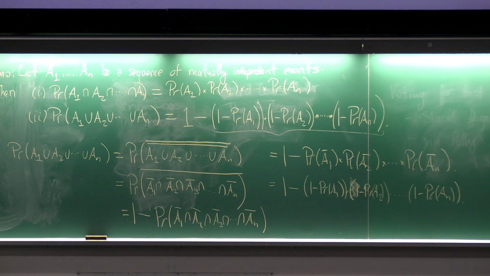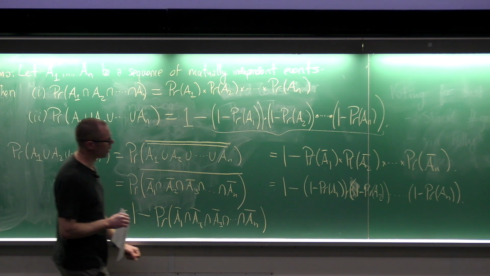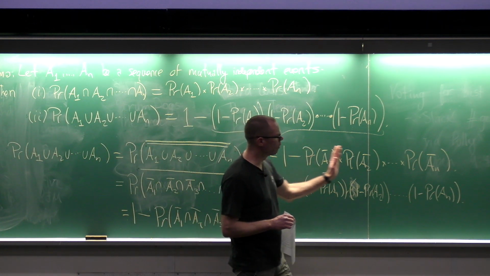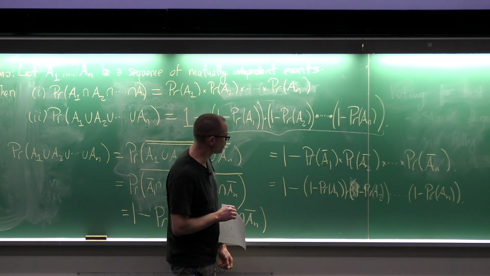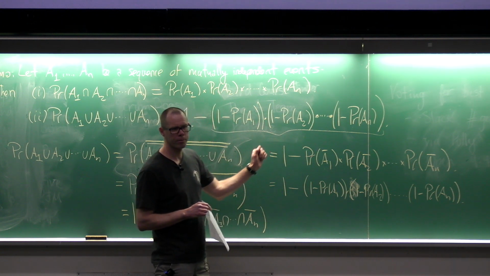That's where this is coming from. This is the probability that all of them are false, and therefore the probability that at least one of them is true is 1 minus that.